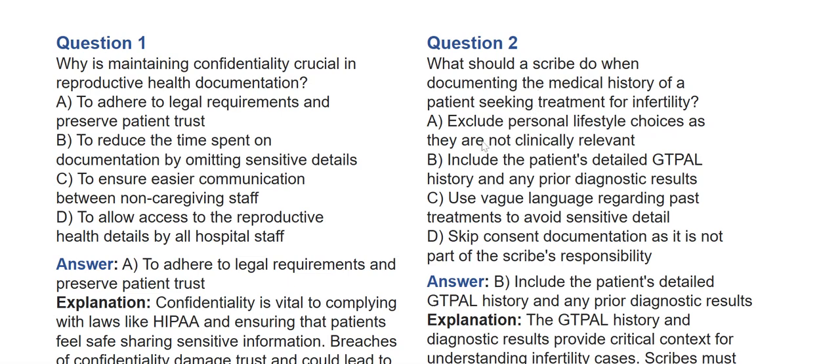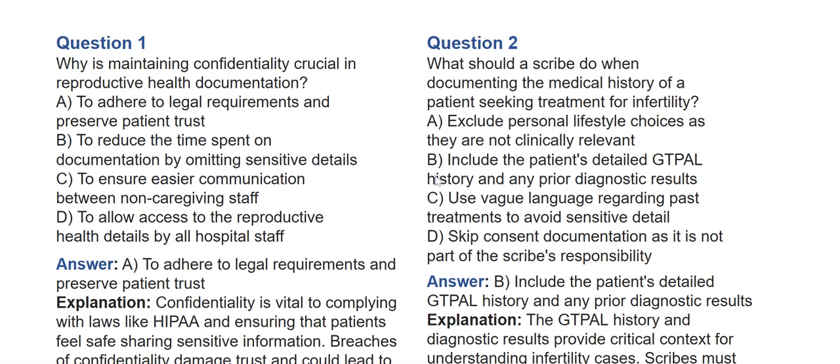A. Exclude personal lifestyle choices as they are not clinically relevant. B. Include the patient's details, GTPAL, history, and any prior diagnostic results. C. Use vague language regarding past treatments to avoid sensitive detail. Or D. Skip consent documentation as it is not part of the scribe's responsibility.